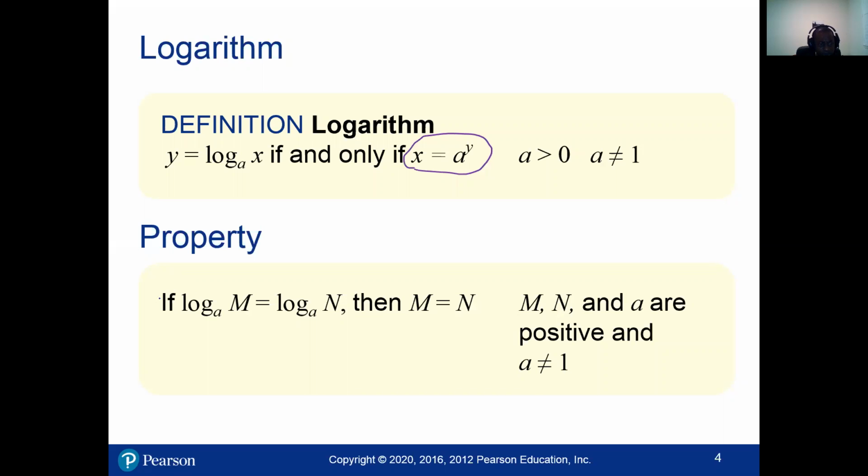And then this property: the log of m base a is equal to the log of n base a. When they have the same base, we can drop the log function and say that m is equal to n, where m, n, and a are positive and a is not equal to 1.